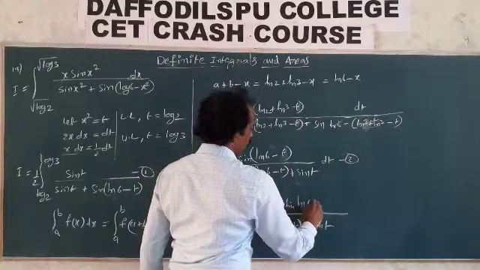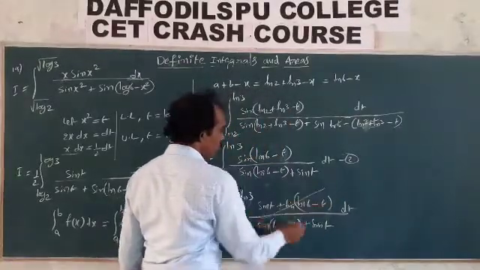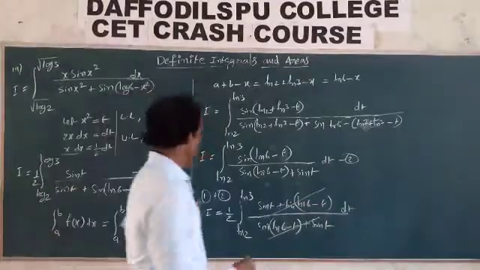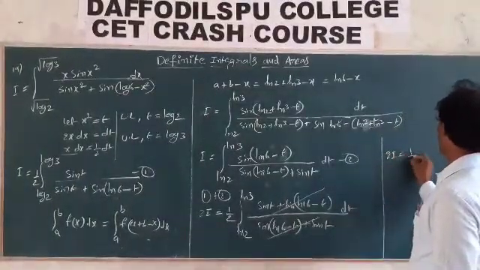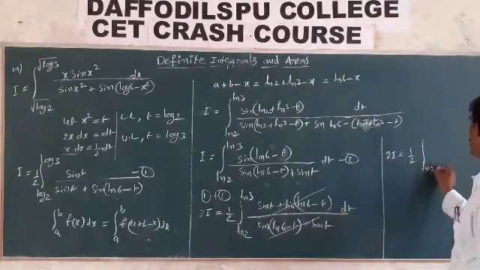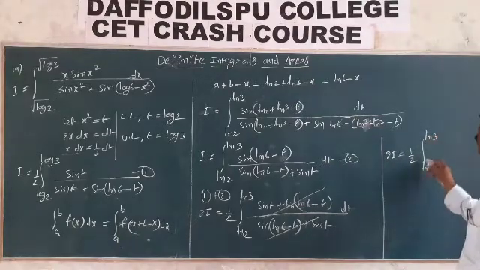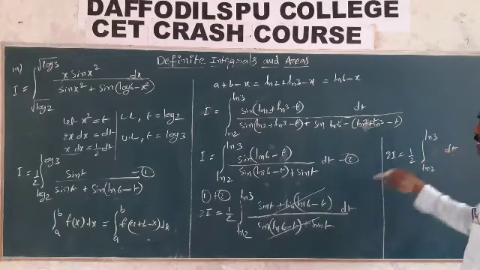The numerator and denominator cancel, so this is 1 by 2 times the integral of dt from ln 2 to ln 3.